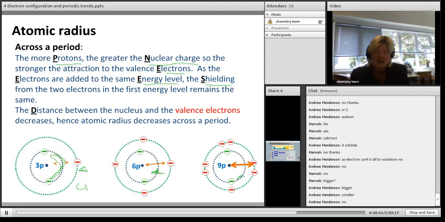If I've got more and more protons going from left to right, from 3 for lithium to 9 for fluorine, my nuclear charge is increasing, and my effective nuclear charge is also increasing, because can you see my shielding is the same?